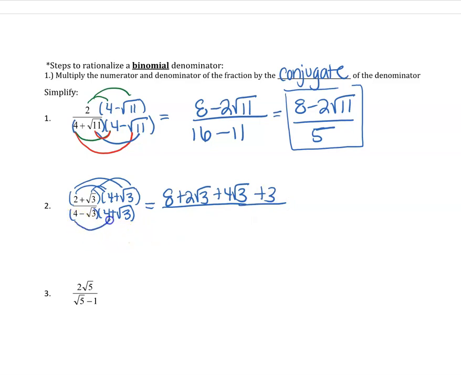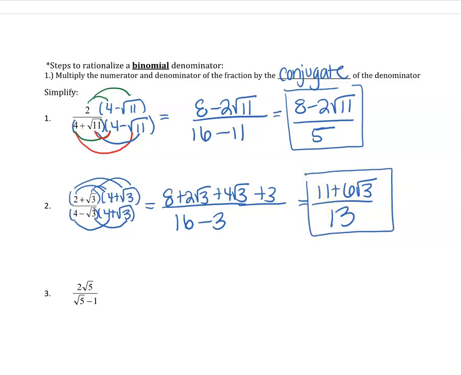In the denominator, these are conjugates though, so I can do a little bit of a shortcut. So I get 11 plus 6 radical 3 over 13. Again, all these numbers are not divisible by the same number, so that's as reduced as it's going to get. And that's your final answer.